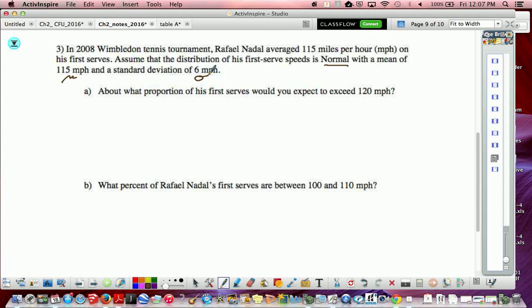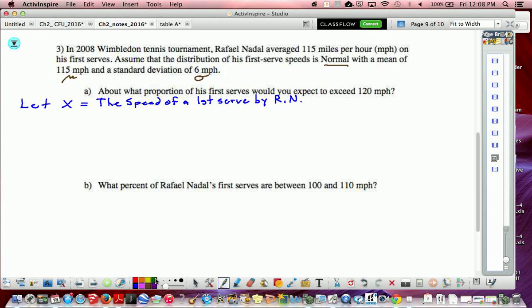First thing I'm going to do is let x equal the speed of a first serve by, I'll just abbreviate Rafael Nadal, so I don't have to rewrite his name every single time. But basically, that's my variable.